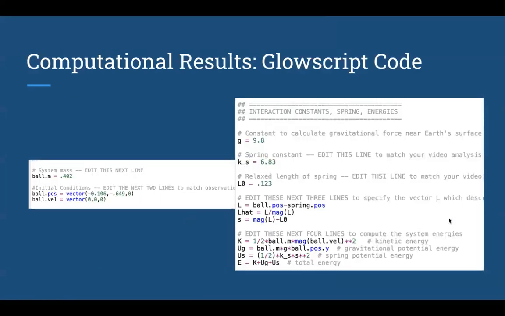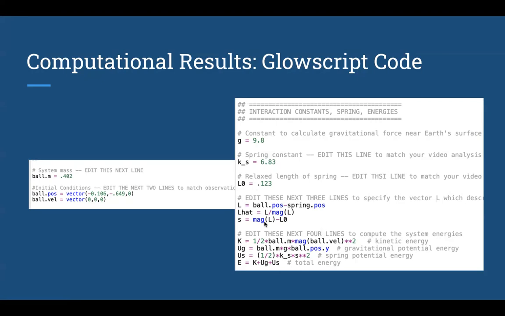And then for my GlowScript code, here are the initial conditions of the mass of the ball, the position, initial velocity. And then my constants are right here. Here, the spring constant and the relaxed length of the spring I found in my tracker video.